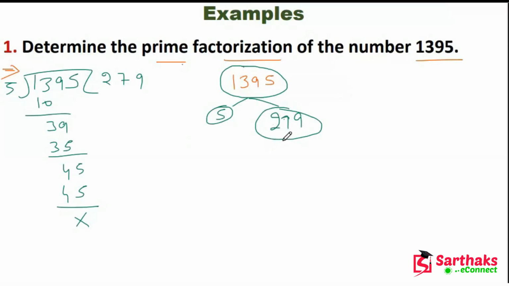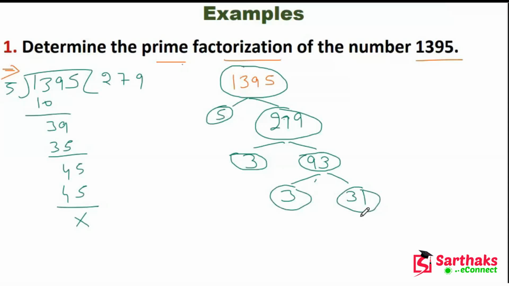Yes, we can divide it by 3. 3 nines are 27, and then 93. Now again divide 93 by 3: 3 threes are 9, 3 ones are 3.